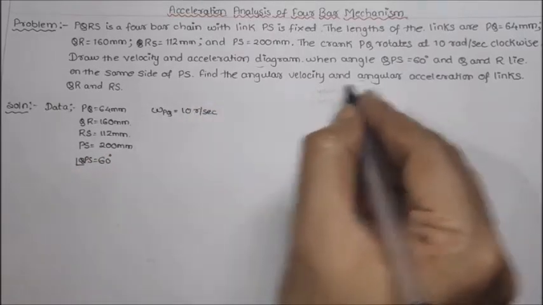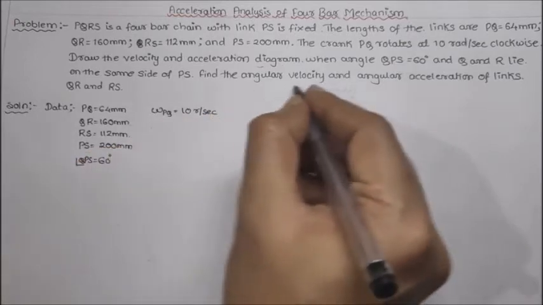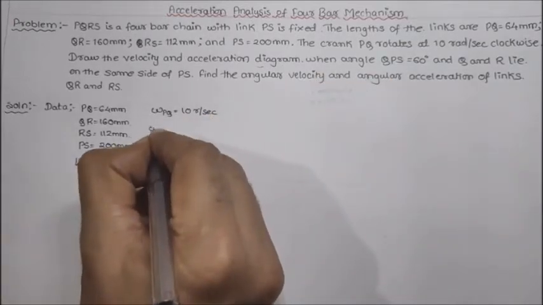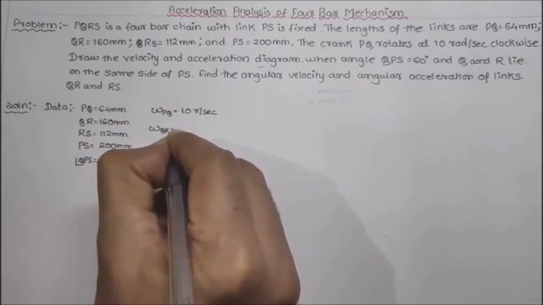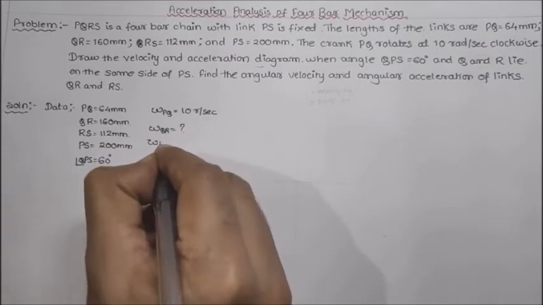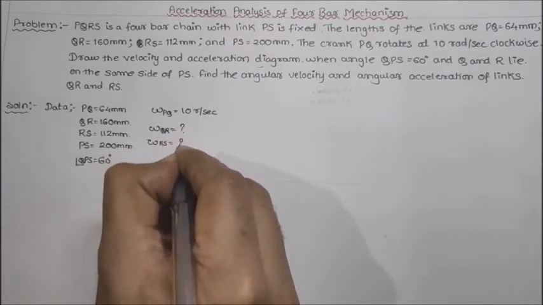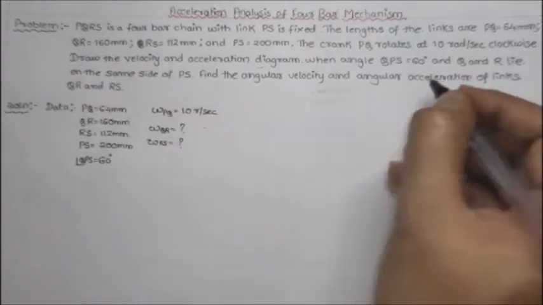Then what has he told you to find? He has told us to find angular velocities of QR, that is a question mark, angular velocities of RS, that is also a question mark. Then he has told to find out angular acceleration.